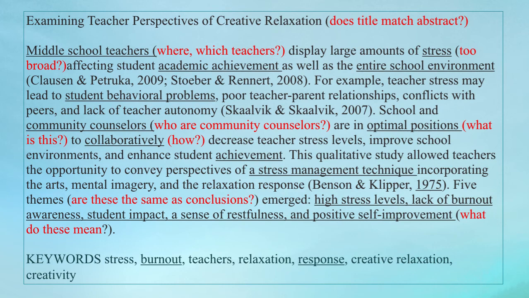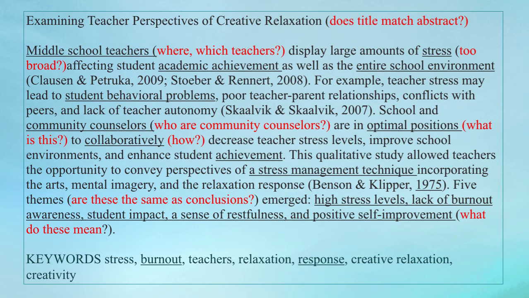And then to look at the themes at the end, and the question I would have is, are these the same as conclusions? So if you look at them, high stress levels, what does that tell you about high stress levels? What do you know now after reading the abstract about high stress levels? And in fact, you can't tell anything from the way these findings have been written.